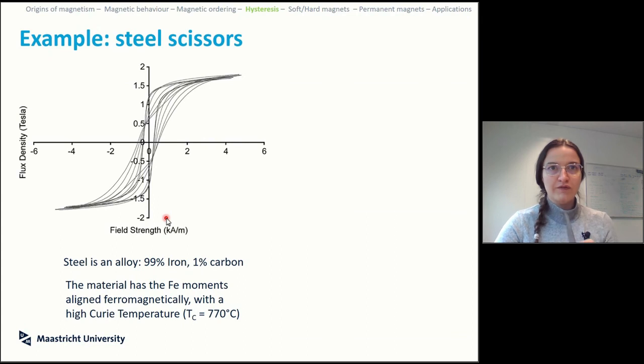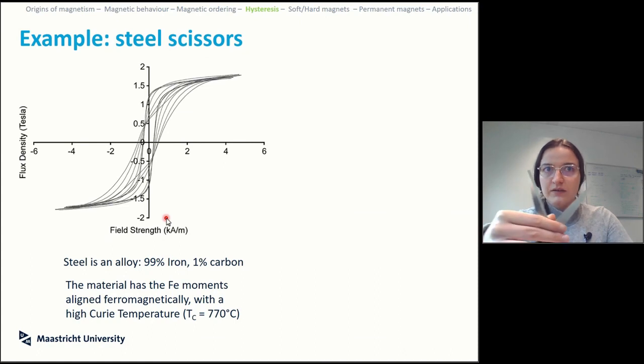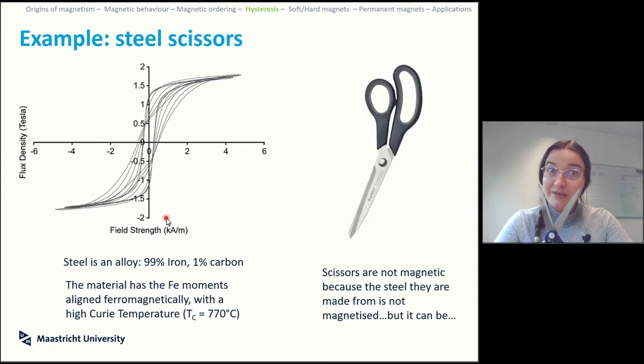So something like this, which is steel scissors, by its nature is a magnetic material. This is a material that is below its ferromagnetic ordering. This doesn't make it magnetic, it just makes it ferromagnetic, meaning that the moments inside of these things are ordered.